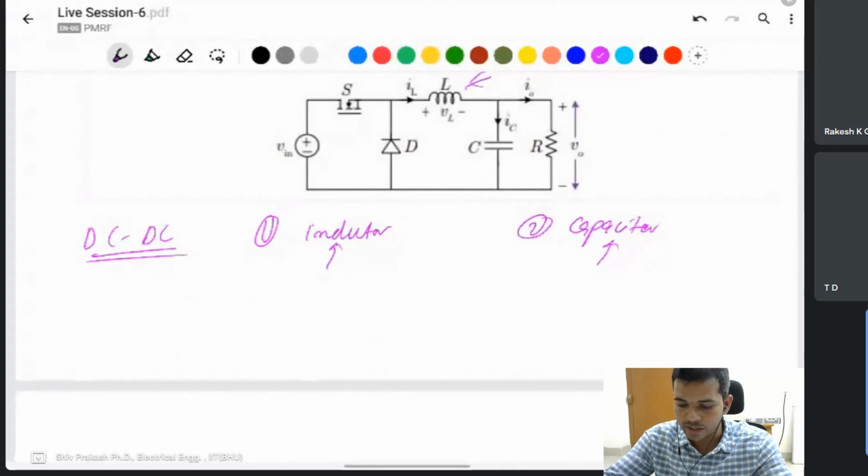Then after some time it will go into saturation, and the converter will stop working. The same thing happens if charge is not balanced in the capacitor. At a point, the capacitor will be fully charged and the current will go to 0, and it will stop working.